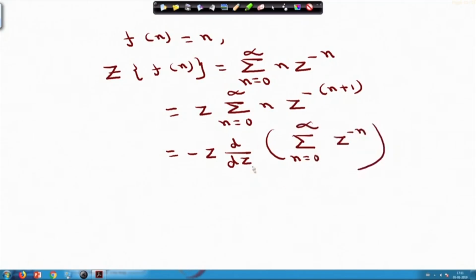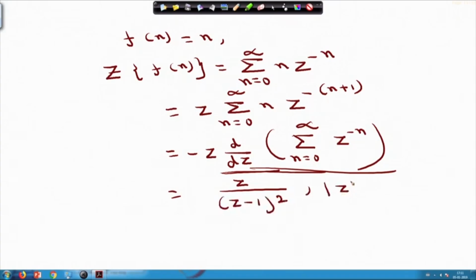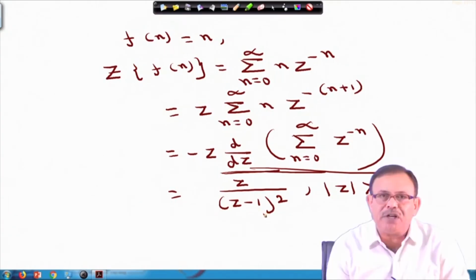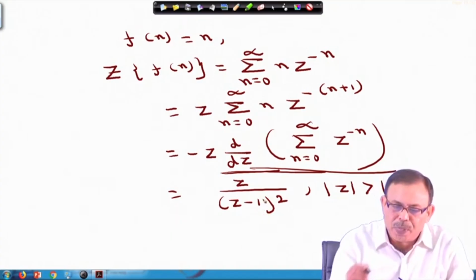If I differentiate this, this particular portion is nothing but minus of 1 by z minus 1 whole square. So this is equal to z by z minus 1 whole square, where modulus of z is greater than 1. So whenever f n is equal to n, the Z transform of f n equals z by z minus 1 whole square.